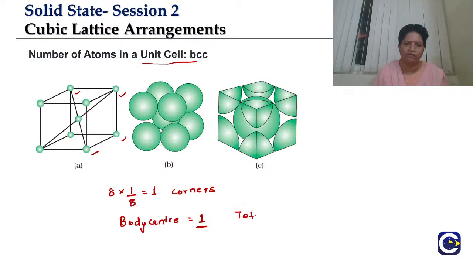So the total lattice points in a BCC cubic crystalline structure will be equal to 2. So let's also see how we are getting it as 2. The center you can see as 1. Let's see how this whole thing makes 1. You have seen in the previous picturization that the corners make up 1. So let's also see how we are getting 2 for BCC.